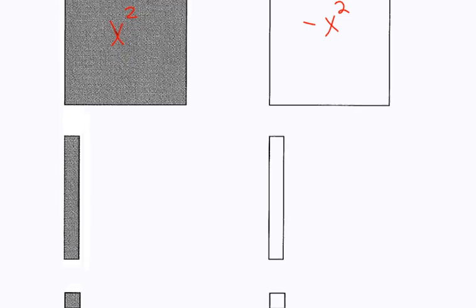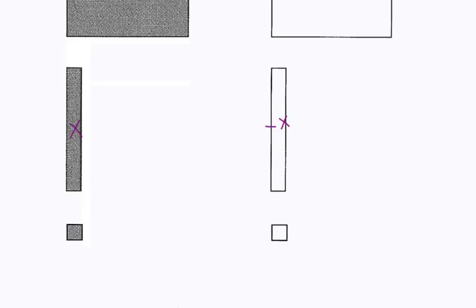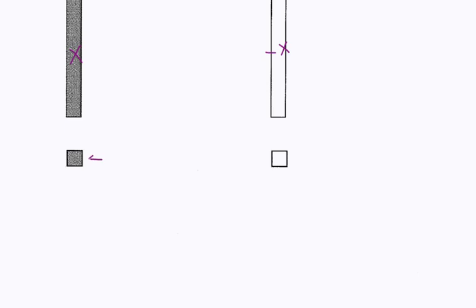Okay, something's wrong. And this would be our negative x. Joel, can you move to the front of the row, please? Thank you. And what would this guy be? 1, and this would be negative 1. Okay?